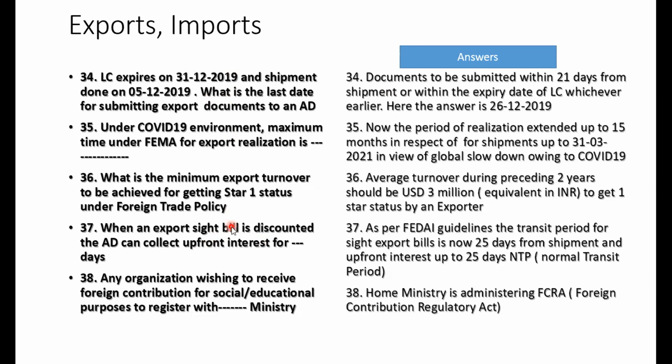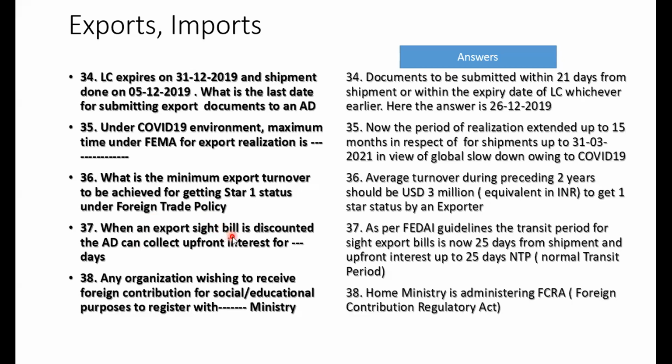At the time of negotiating, discounting, you will collect the interest up to the due date. You know, in bill financing, when you finance a bill, the transit period interest will be collected immediately. Suppose the realization is after that transit period, this 25 days is different from that 21 days. That is to tender the document. But once you tender the document, you are now discounting the transaction.